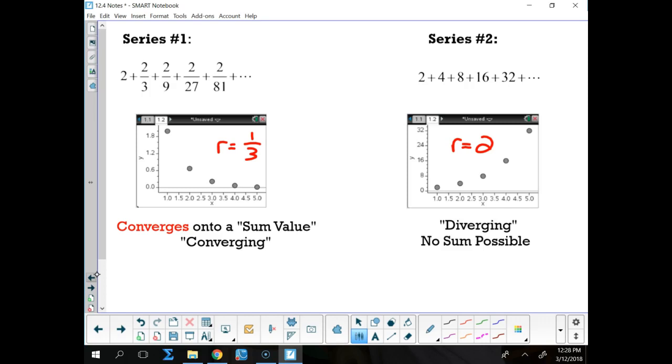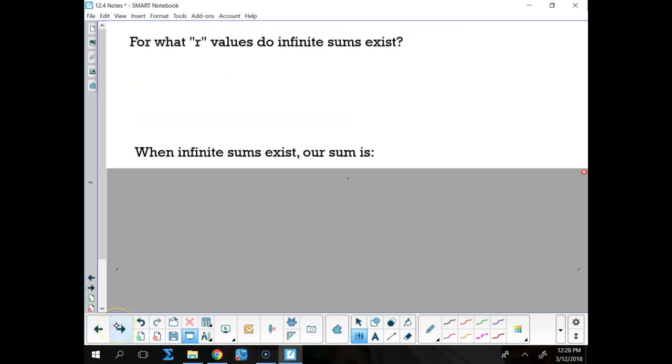Or negative. Okay, what about negative 2? Negative 2 is less than 1 and negative, but it doesn't work. So can you simplify that even more? A number that is in between 1 and negative 1. So our R value has to be in between negative 1 and positive 1, correct? Can it be equal to positive 1?